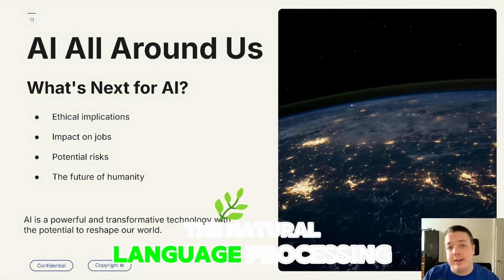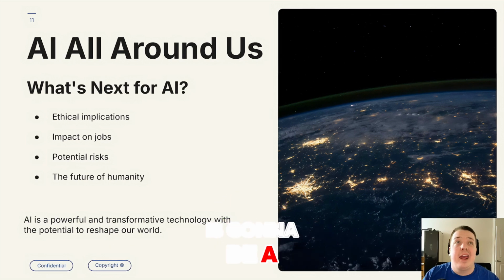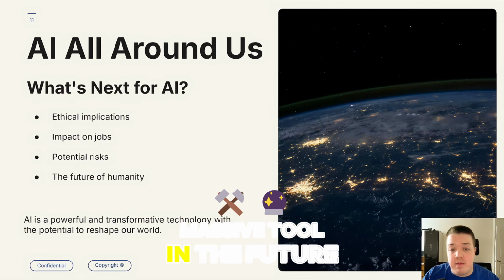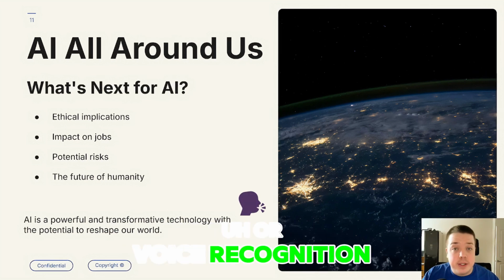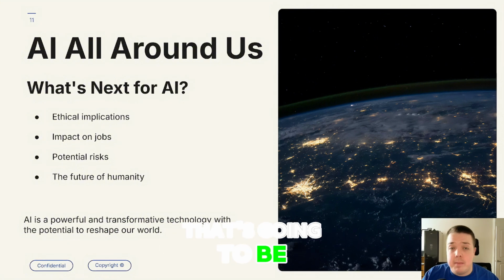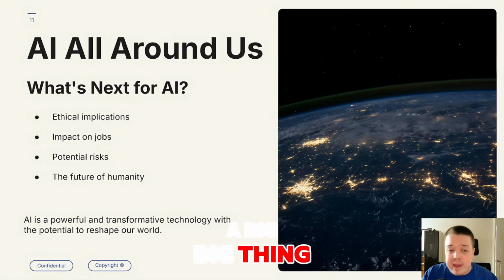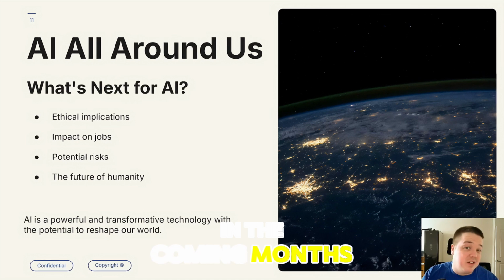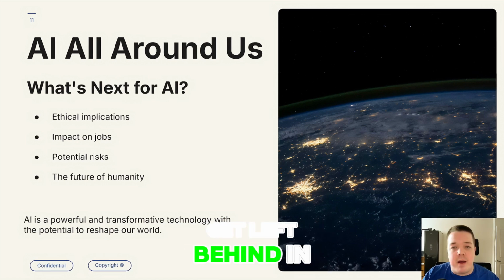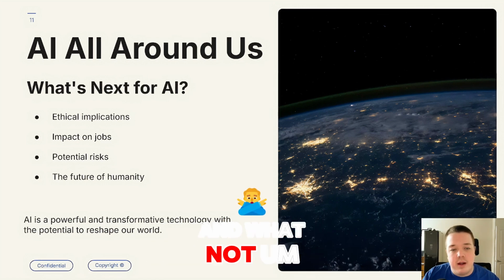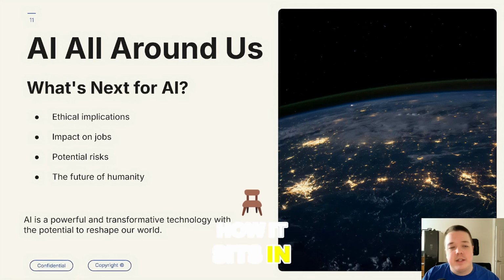NLP, the natural language processing, is going to be a massive tool in the future, like the different chatbots or voice recognition systems. That's going to be a big, big thing in the coming months, years, decades, whatever it ends up being. But it's important that you understand those ahead of time so that you don't get left behind in that kind of development and whatnot. How it sits in your everyday life.